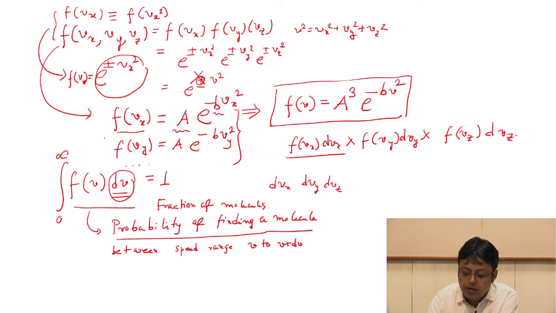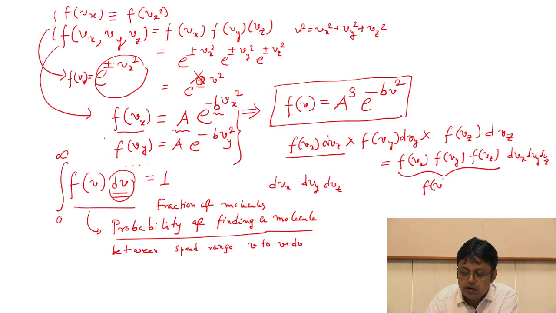That will be nothing but f of vx into f of vy into f of vz into dvx, dvy, dvz. Now the first part we already calculated, it will be nothing but f of v.